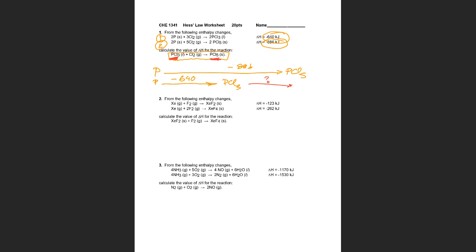So let's do that the sciencey way, because what we've got here are equations where the arrow is an equals sign. So let's use it that way. Okay, here's how we would do that.